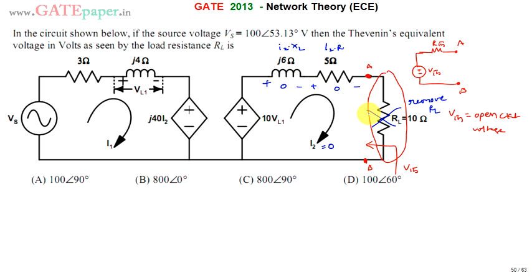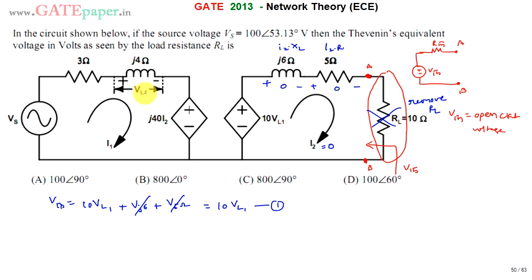Now applying KVL, VTH is equal to 10 times VL1, plus the voltage across j6 ohms plus the voltage across 5 ohms, which are 0. So VTH is equal to 10 times VL1. This is the first equation. The second is to calculate VL1. If we can calculate VL1, we get the answer for VTH.